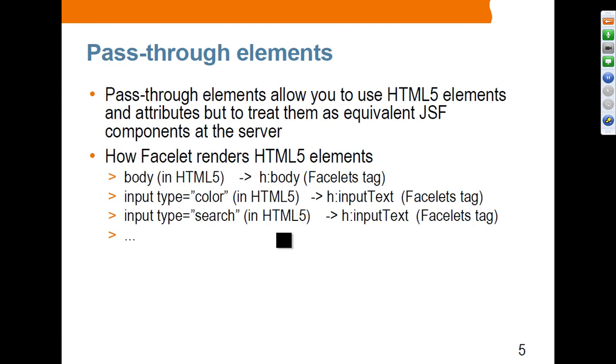Pass-through elements allow you to use HTML5 elements and attributes, but to treat them as equivalent JSF components at the server. So basically, you are going to use HTML5 tags like body, input type. In this case, I want to use color type and search. On the server side, it will be converted into HBody and HInput and things like that.